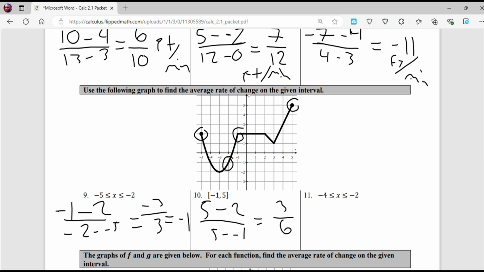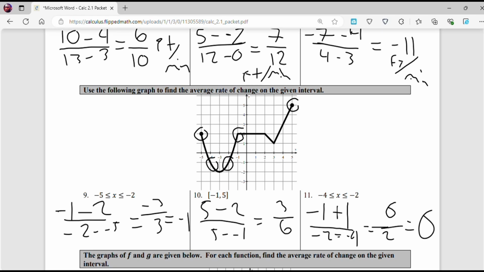And then the last one we have is negative 2, which we already knew was negative 1 from before, minus negative 4 right here. Our values, again, negative 1. So no matter what our denominator is, we're going to have a 0. 2 minus negative 4, 0 over 2. All right.